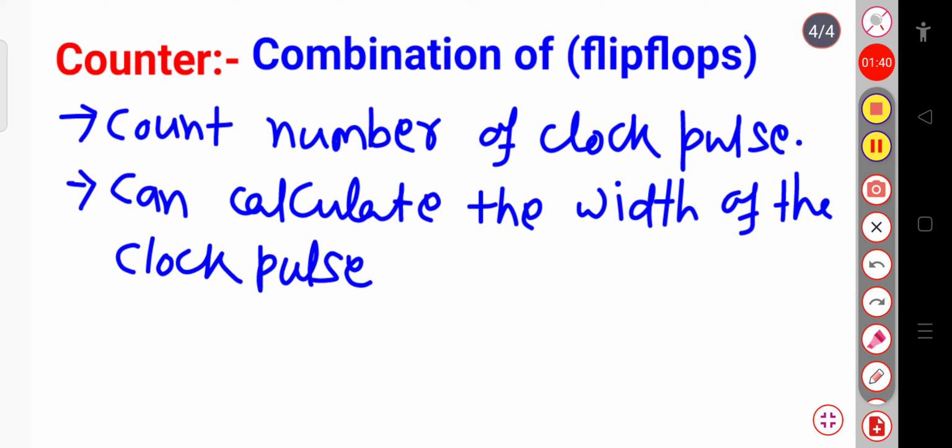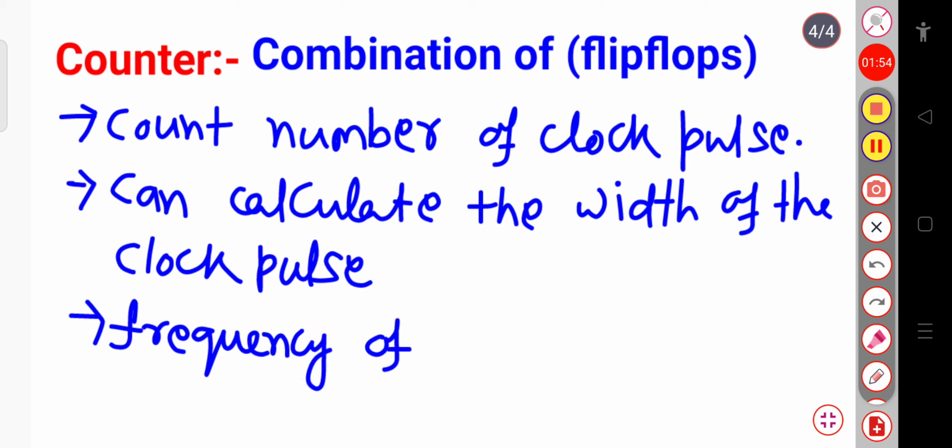And also it has a function: it will calculate the frequency of each state. The frequency of each state can be determined by the counter.